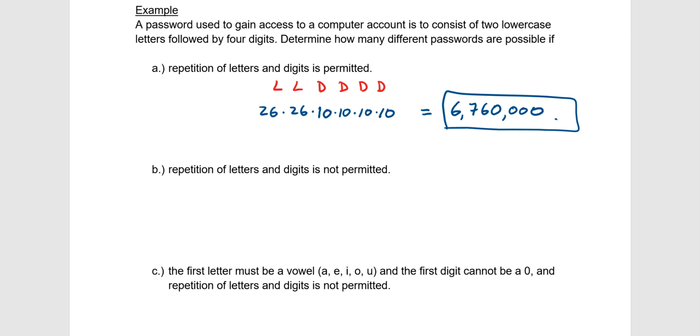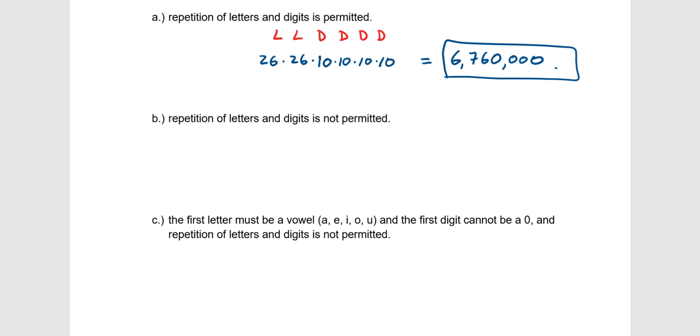Okay, and let's do it when repetition is not permitted. So once again, we have letter, letter, digit, digit, digit, digit. We have 26 options for the first one. Since repetition is not permitted, we only have 25 options for the next one. And then for digits, we have 10 options for the first one.